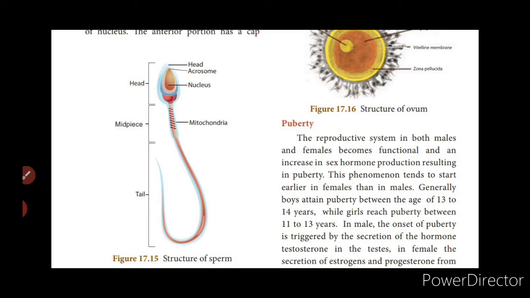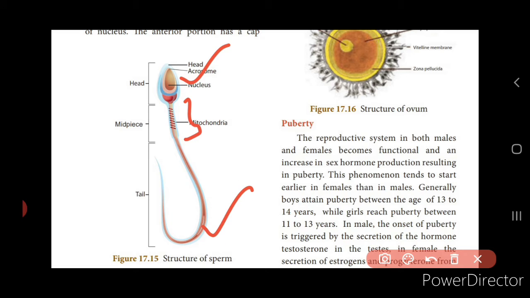Now here you can see the structure of the human sperm. It consists of a head, a middle part, and a tail-like structure, isn't it? The sperm head is elongated, and it consists of a nucleus also.